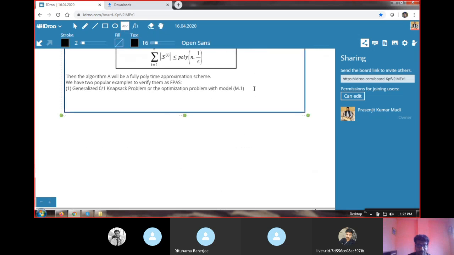And the second one is a fully polynomial time randomized approximation scheme to solve DNF counting.